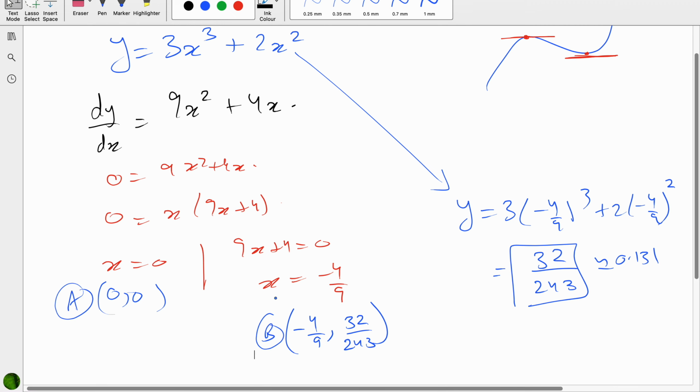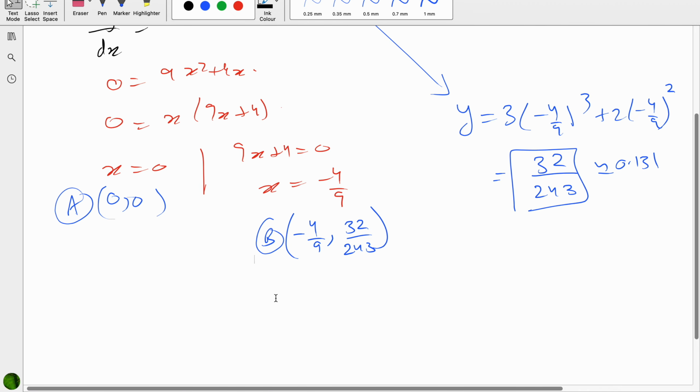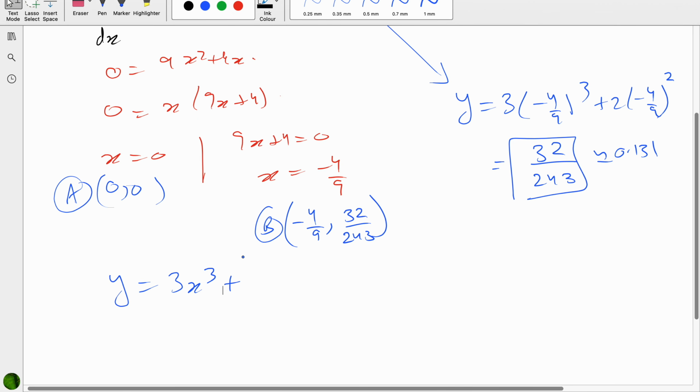Now, how do I know which one is maximum and which one is minimum? So we started off with the equation y is equals to 3x cube plus 2x square. And our derivative was with us, which is 9x square plus 4x.